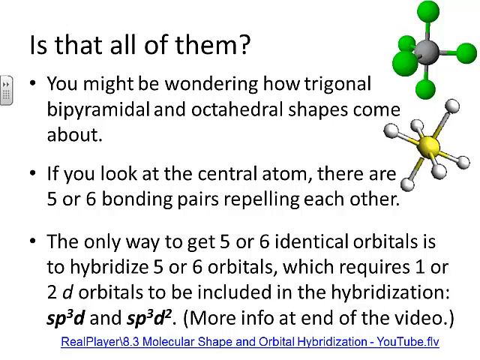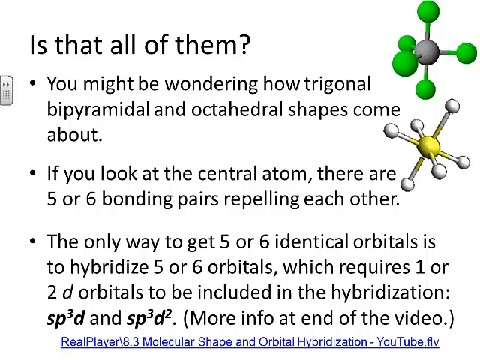Now, an atom only has a single s and 3 p orbitals at a particular energy level. So any other orbitals, a 5th one or even a 6th one, are going to have to be a different type of orbital. And if you recall, once we get to the 3rd period, it's possible to have d orbitals as well. So what's required is 1 or 2 d orbitals to be included in that hybridization.